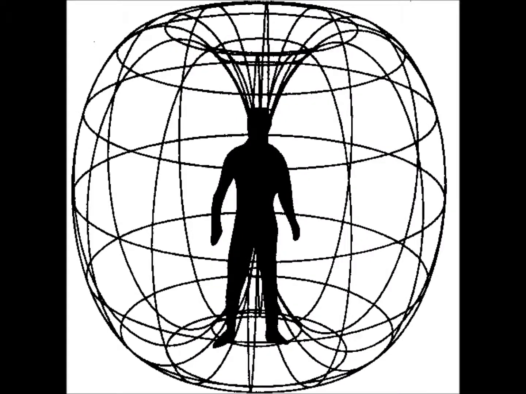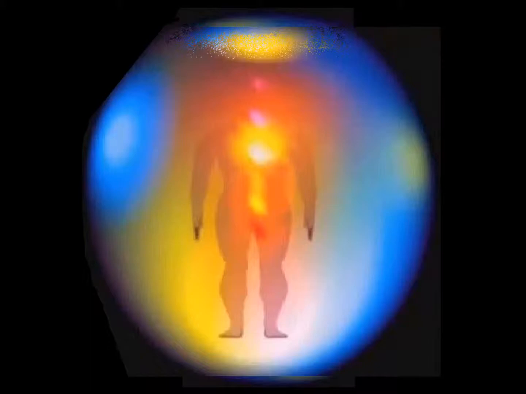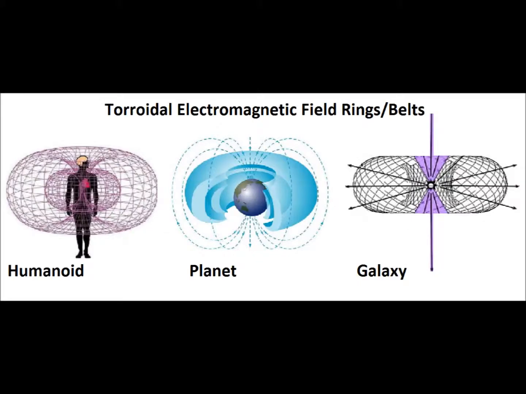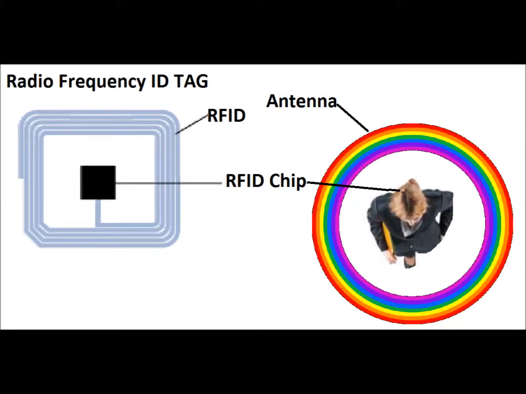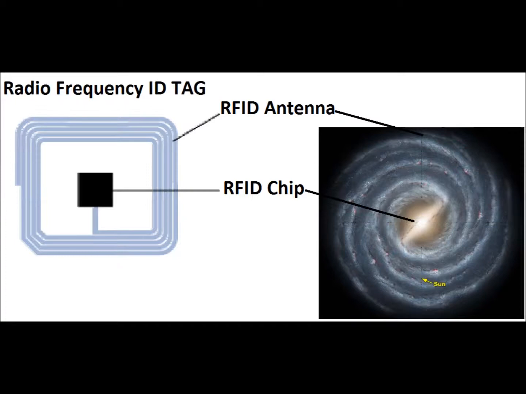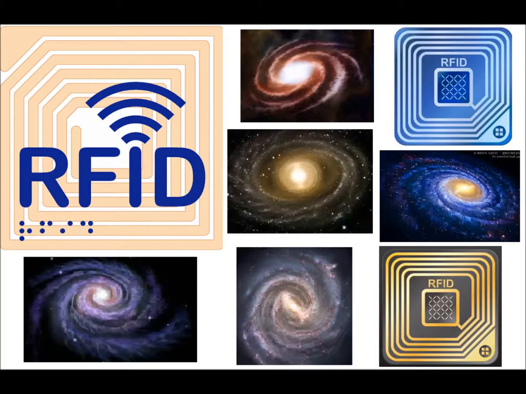The electromagnetic fields produced by humans are produced by electrochemical reactions in the human body. But this electromagnetic field is basically an antenna field. Inside the antenna field of the Earth, inside the antenna field of the Milky Way galaxy, we have a system of electromagnetic fields inside electromagnetic fields inside electromagnetic fields.